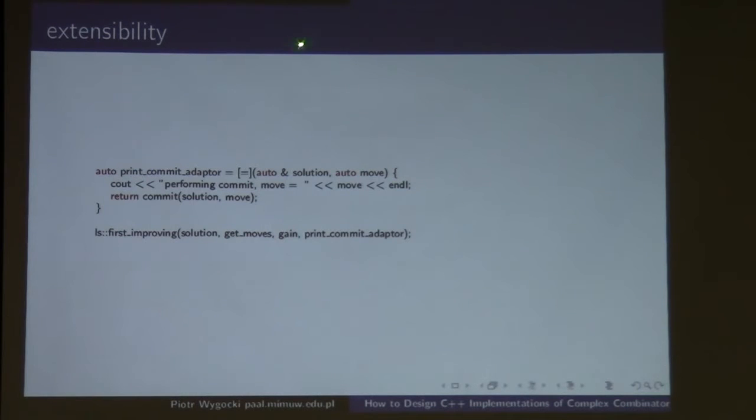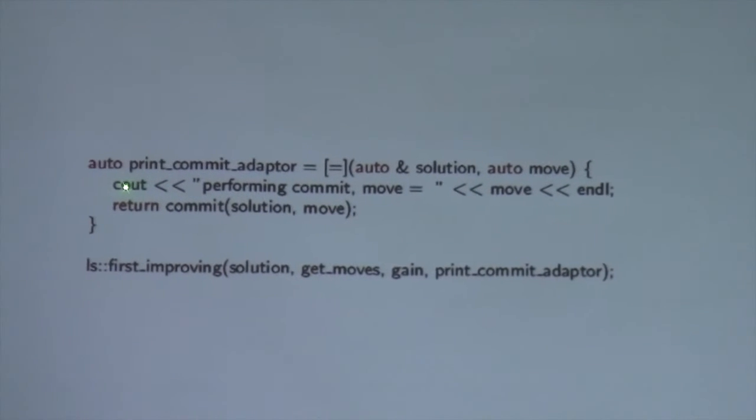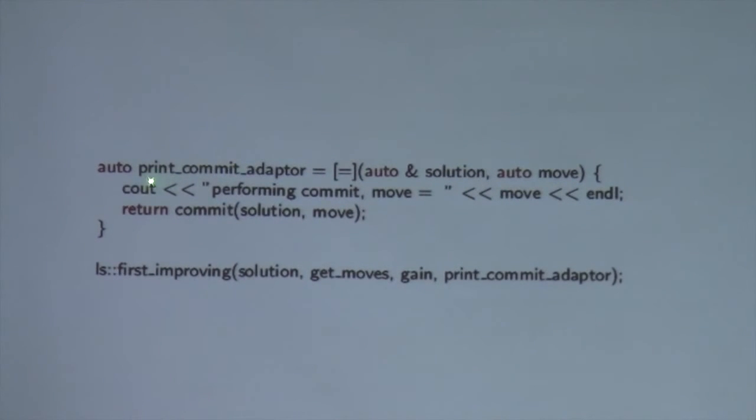We write a print commit adapter, which uses our previous commit and just returns whatever this commit returned, and we print the move. So the answer to the question how you extend this library is just by function composition. It's a very simple idea, and we just run our local search algorithm, providing the previous get moves, previous gain, and this print commit adapter. This is the way of extending one's written code.